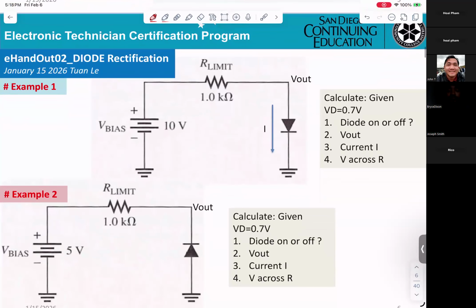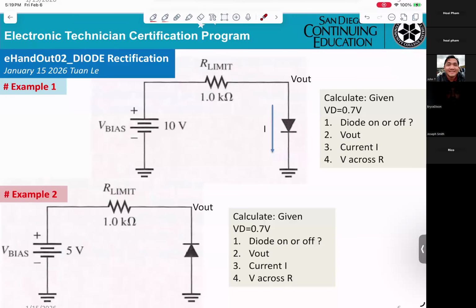Now, example 1. You get a power supply, 10 volt, and this is a diode. Now, how do we know diode on or diode off? Who knows?